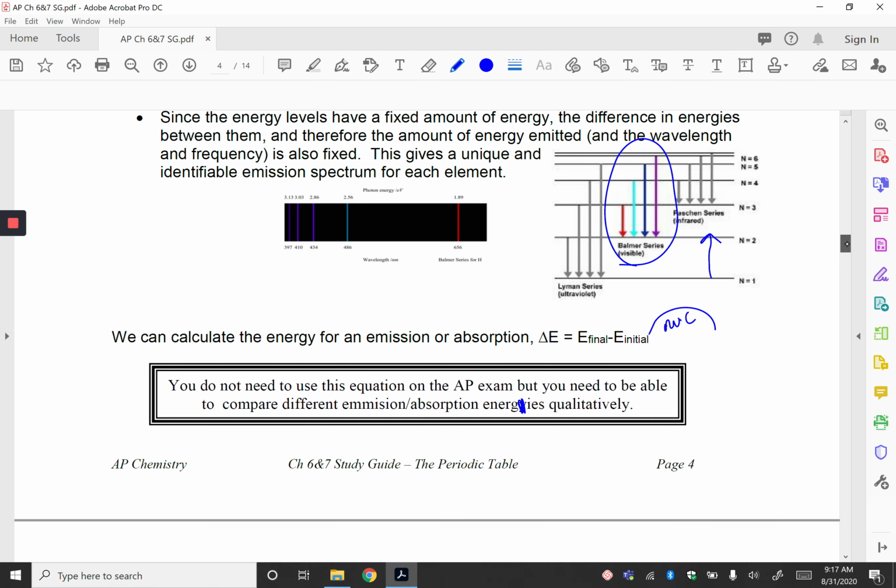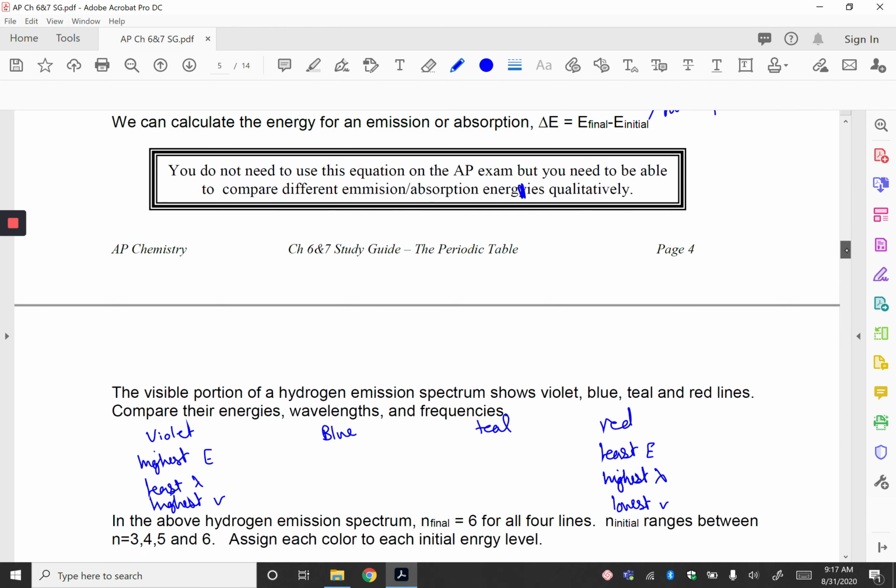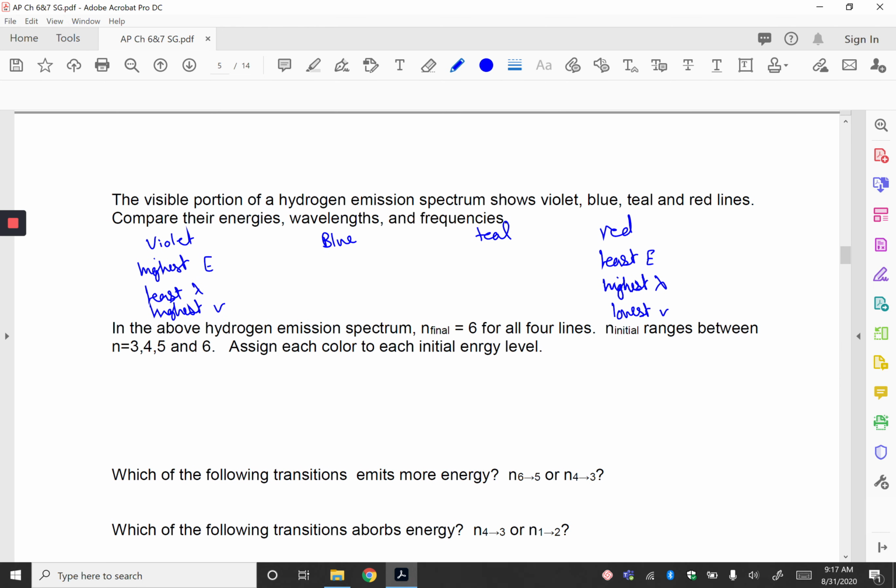I think this question is backwards. Oh, sorry, this should be 2. I apologize. This is 2, not 6. That's a typo here. So the final energy level is always 2. And I know there was something wrong with the question, because if it's an emission, the final energy level should be lower, right? Because it's dropping in energy. So the question is asking you which color is which.